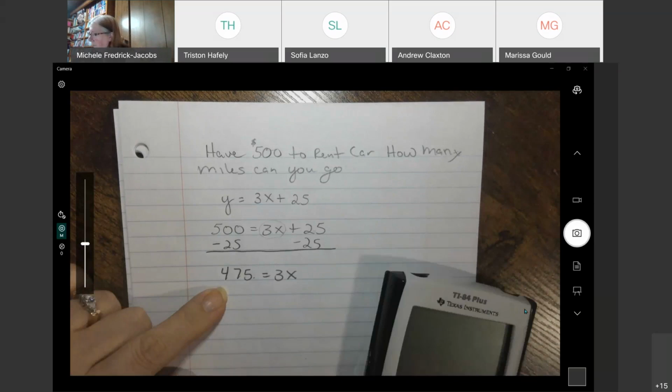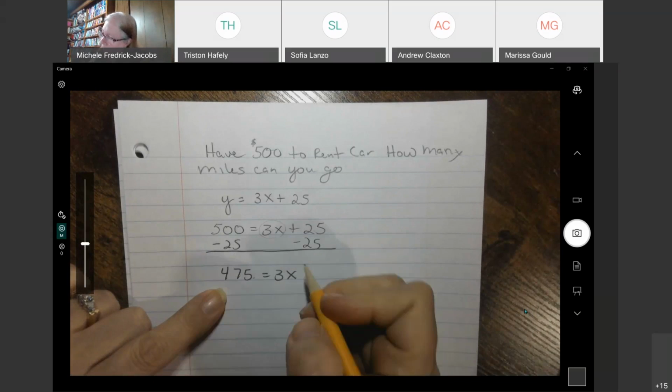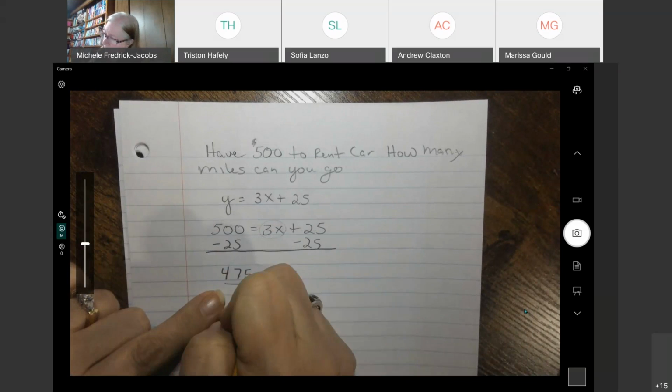And then we divide by 3. Since we're multiplying by 3, we do the opposite, which means divide.